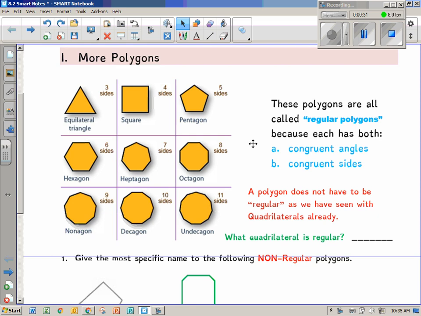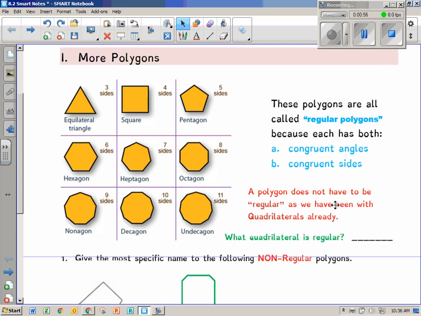So you've got a little chart here. Maybe some of these you know, maybe some you're not quite aware of. But all of these, the way they're drawn, you can tell that all the sides are the same length within each figure, and the angles within are also congruent, meaning the exact same size.